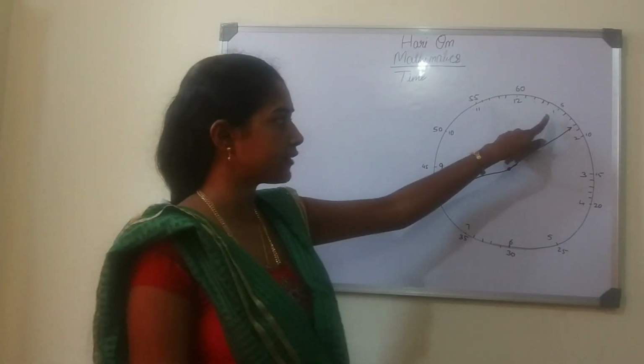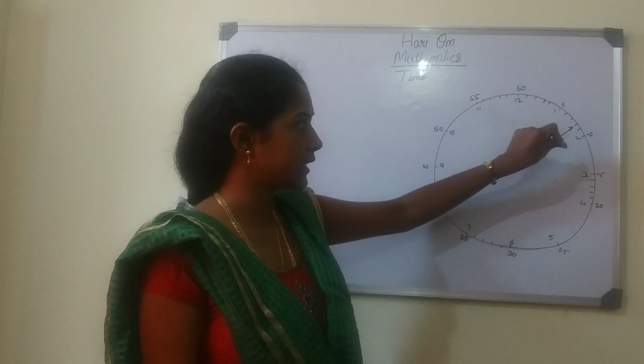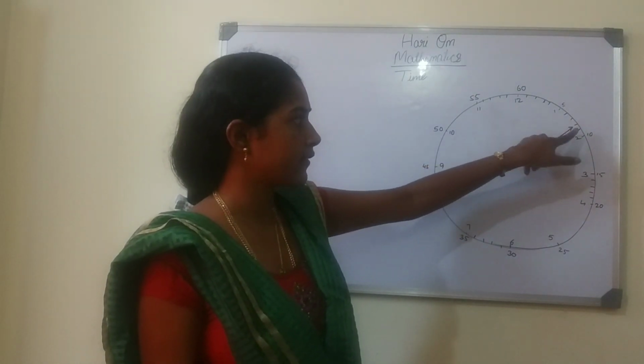If the long hand is at 1, it is 5 minutes. So after 5, it is 6, 7, 8.